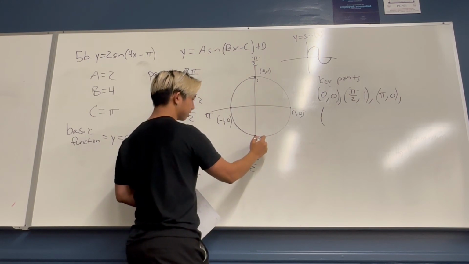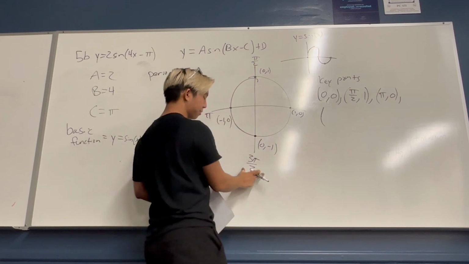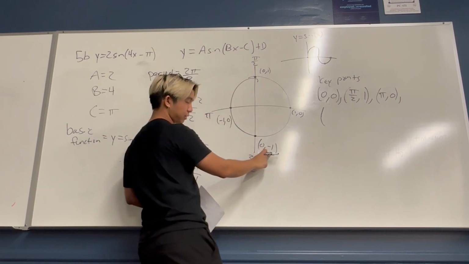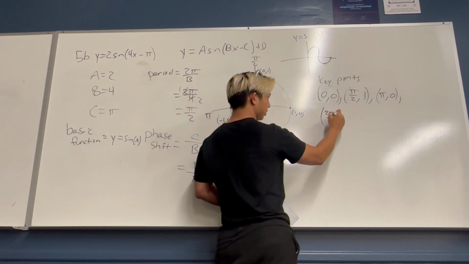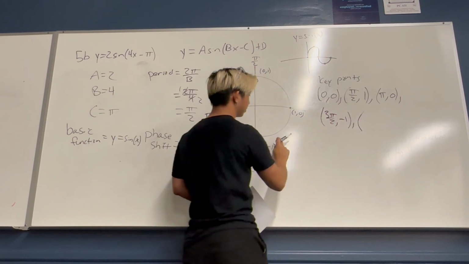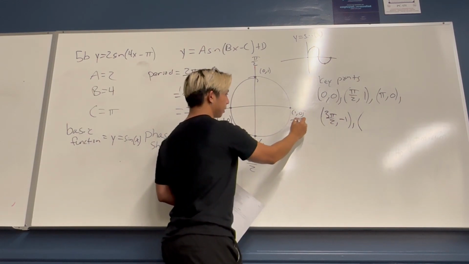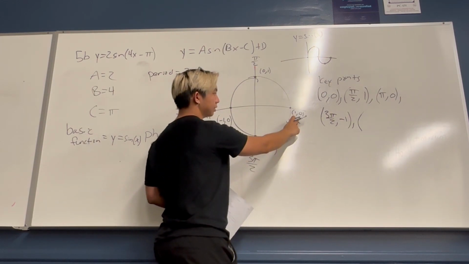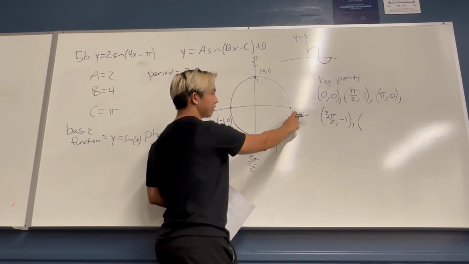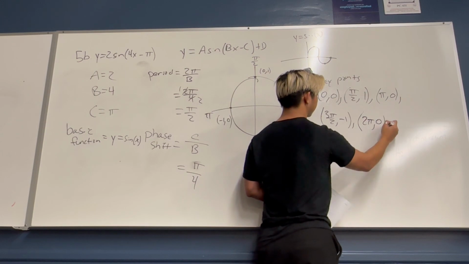What coordinate is here? 0, comma, -1, right? So we have 3 pi over 2, and our y value is -1. And then we travel back to 2 pi, or 0. Our coordinate was 2 pi, and our y value is 0, so this is 2 pi, comma 0.